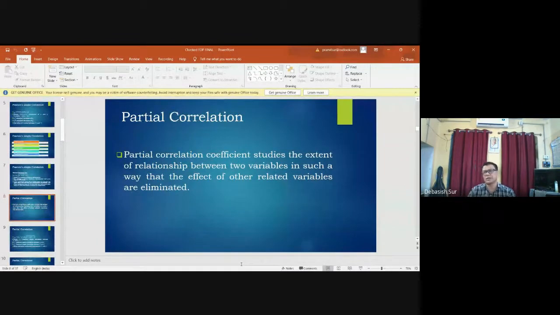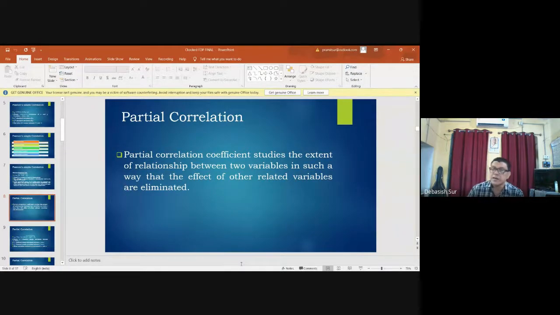Next, partial correlation. Suppose we have three variables, x1, x2 and x3. If we want to calculate the degree of relationship between x1 and x2 after eliminating the influence of x3 on x1 and x2, then we have to use partial correlation.